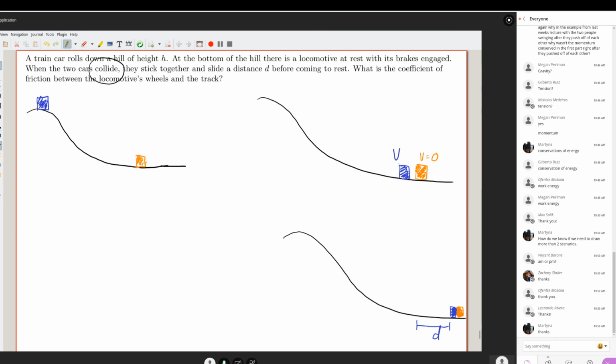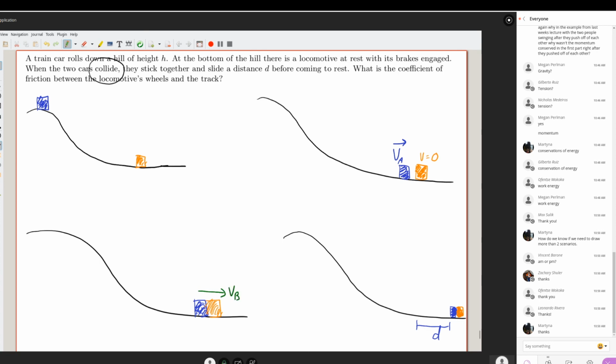I'll call this VA. And conservation of momentum will let me relate that to what happens right after the collision, where the two of them have stuck together. They haven't moved together yet, but the two of them are stuck together, both moving this way together at VB.